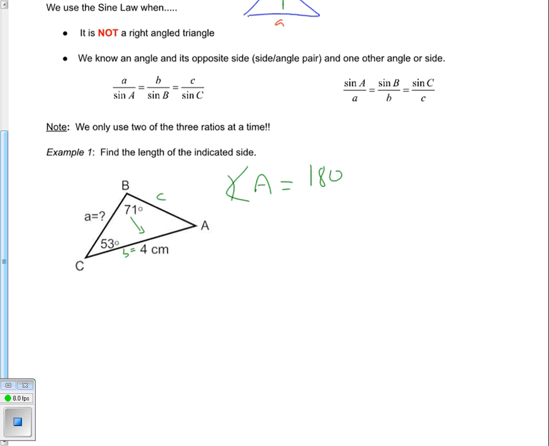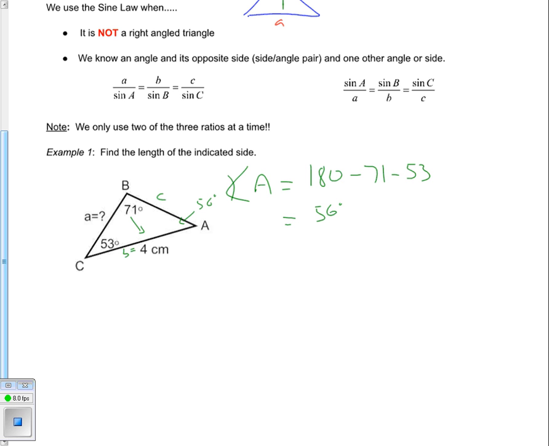So if I subtract the 2 angles that I do know from 180 degrees, I can figure out angle A. So 180 minus 71 minus 53 is going to equal angle A. That gives me 56 degrees. So I know now that angle A is 56 degrees.